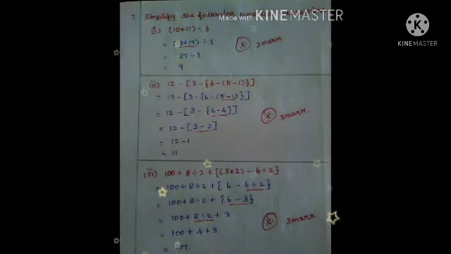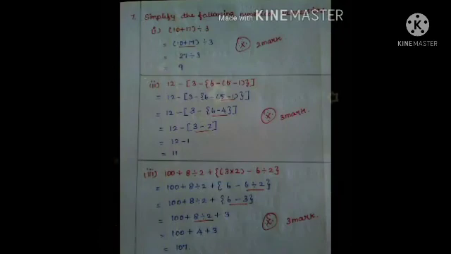Next step, 100 plus 8 divided by 2, how much? 4. So 4 plus 3. Finally everything is addition only. We want to do the addition: 100 plus 4 plus 3 equals 107.